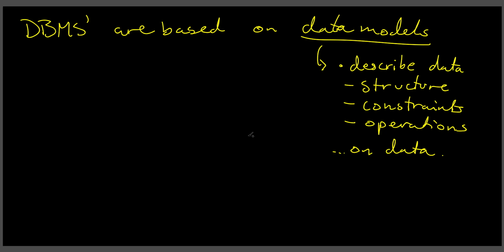And you may have heard of different kinds of data models. We have the relational model, we have structured, semi-structured, graph data models. So there are different kinds out there. The one we'll look at over the course of our videos is specifically the relational model, and we'll talk about it in just a bit.